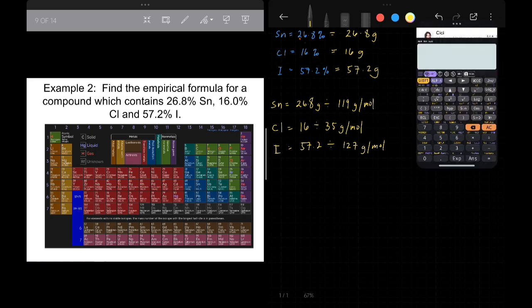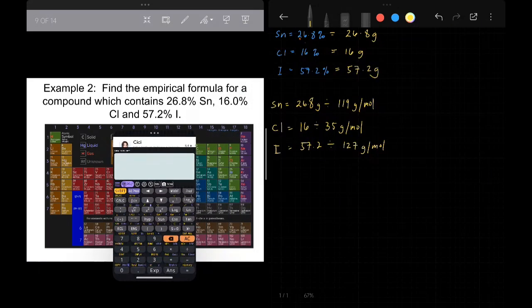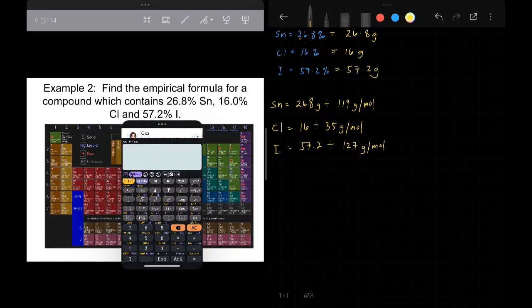So now we're going to divide with the use of this calculator. We'll be now calculating. So again, 26.8 divided by 119. So we got 0.22. Next, 16 divided by 35.